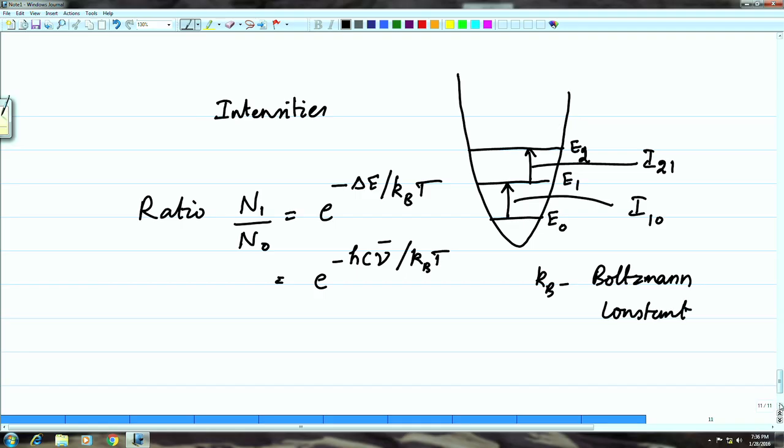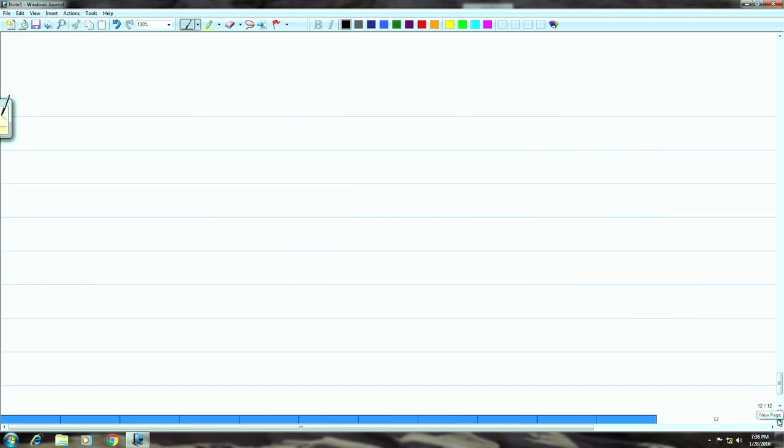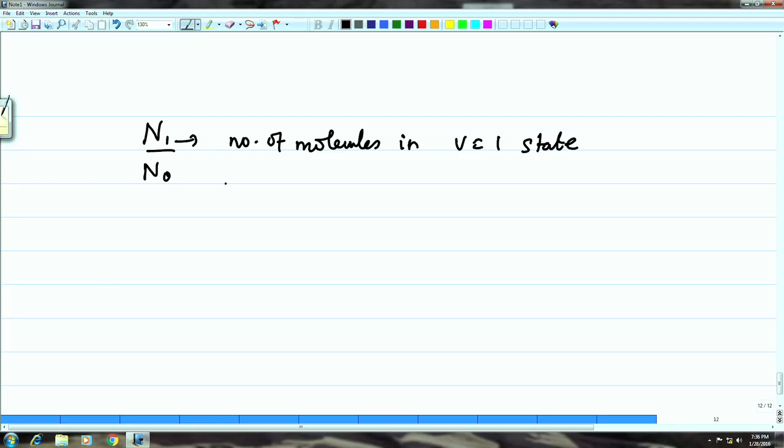So, if you have to calculate these values, N1 by N0, the number of molecules in the first excited state, V equal to 1, versus the number of molecules in the ground state, V equal to 0.